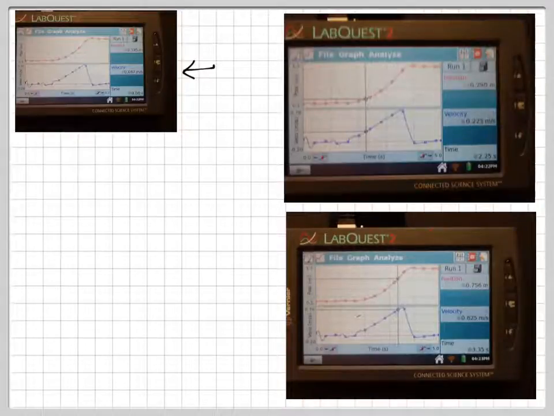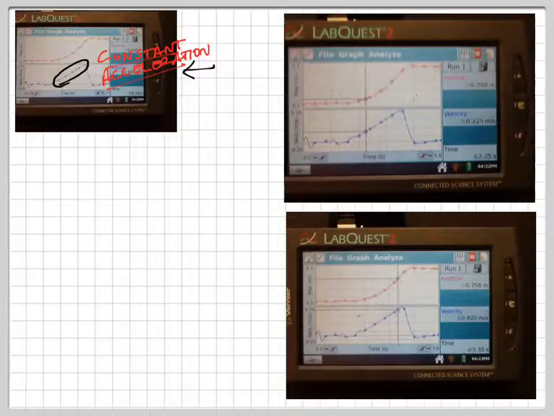Now, on our velocity versus time graph, we have this wonderful little bit of constantly changing velocity, or constant acceleration. So, what we want to do is calculate that slope. So, on your little lab quest, you're just going to tap a spot.